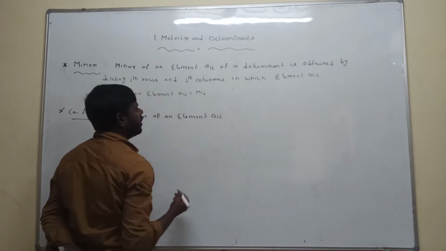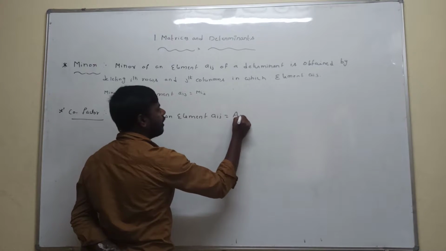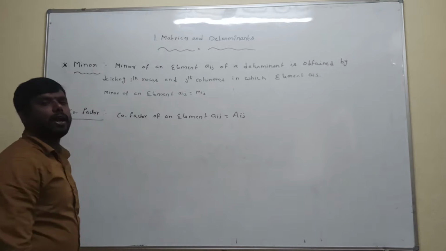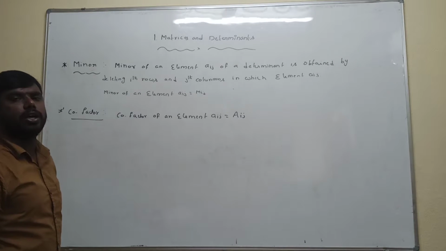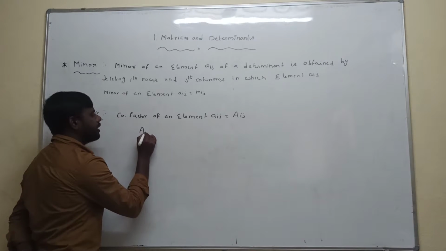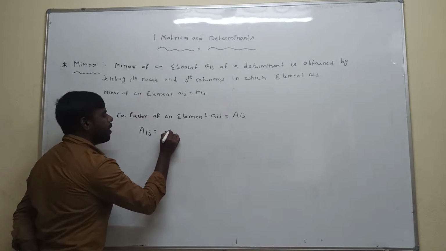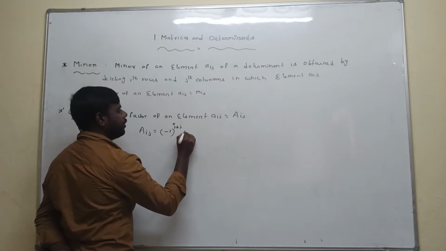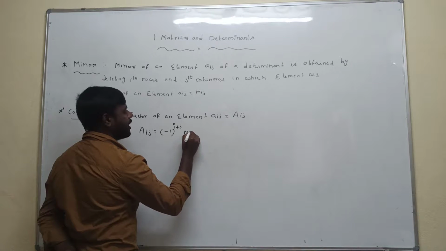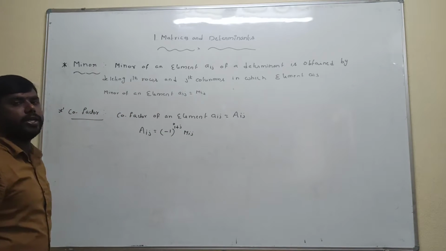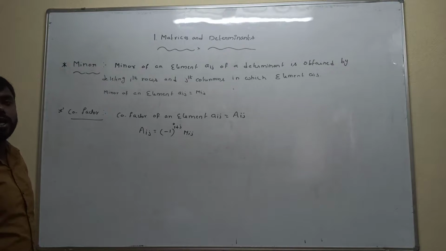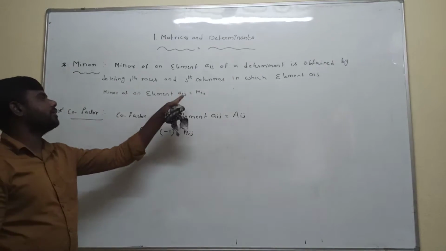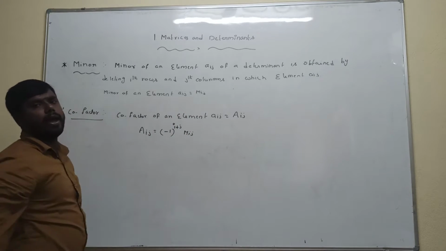What is the formula of capital Aij? It is -1 whole to the power of i plus j into minor Mij. So the Aij formula is -1 whole to the power of i plus j into Mij. Mij is nothing but the minor of an element.